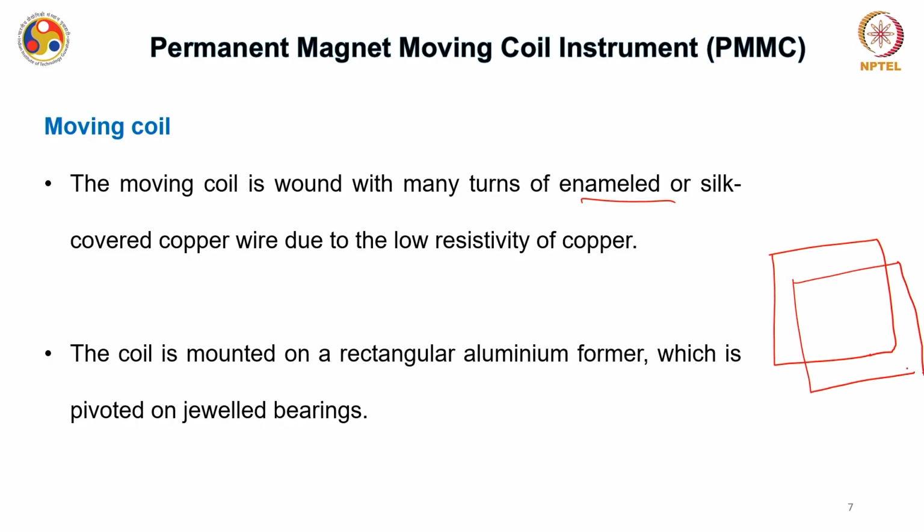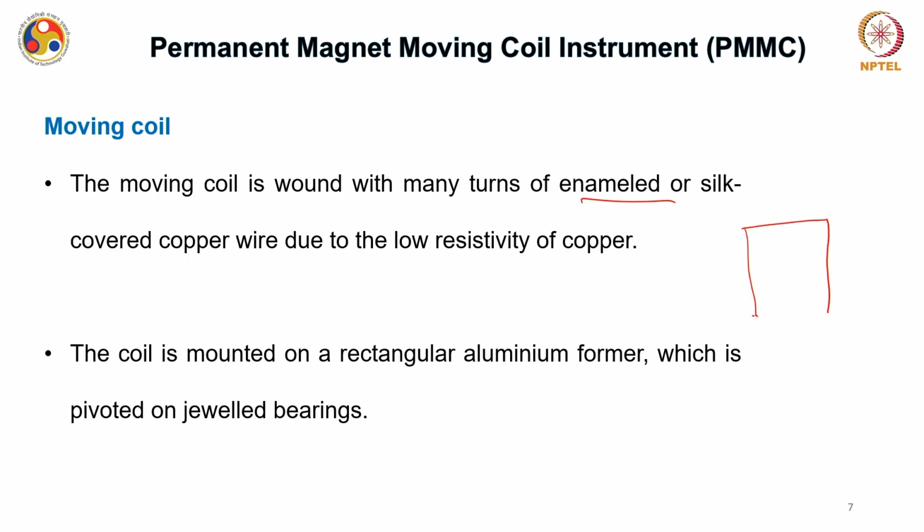So let me redraw it. You have an aluminum former, and on top of it the covered copper wire is wound, something like this.